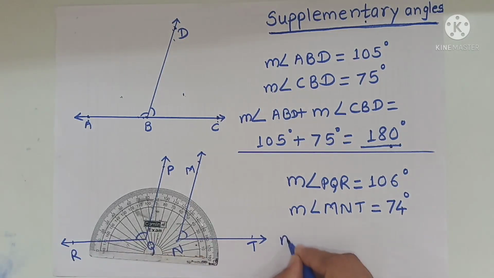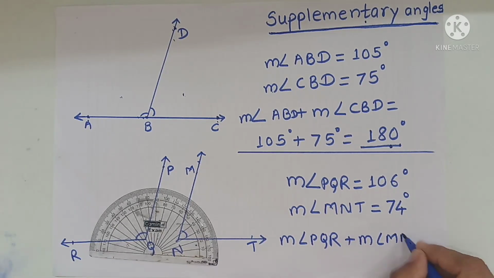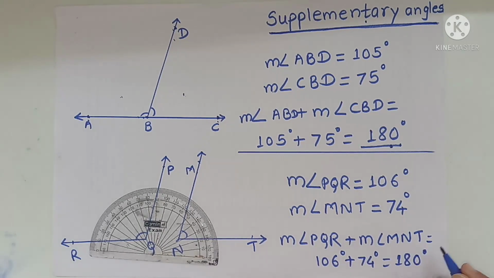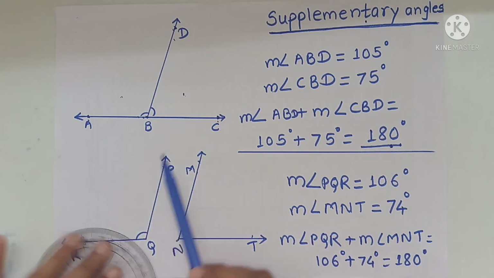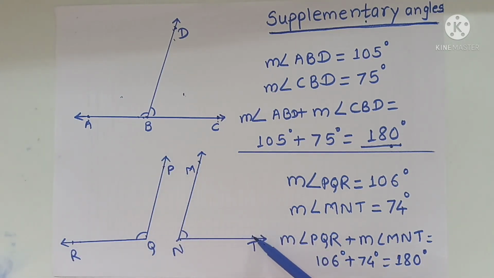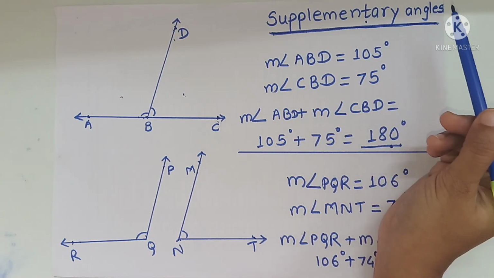If measurement of angle PQR plus measurement of angle MNT, then we will get 106 degree plus 74 degree, that is 180 degree. So angle PQR and angle MNT both are supplementary angles.